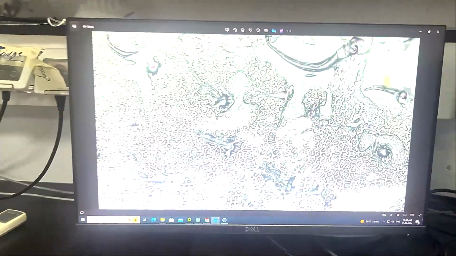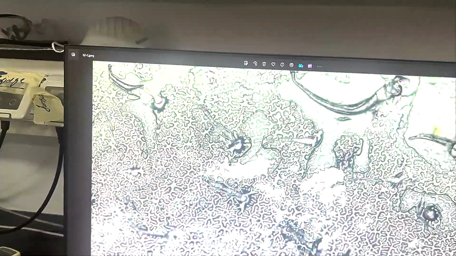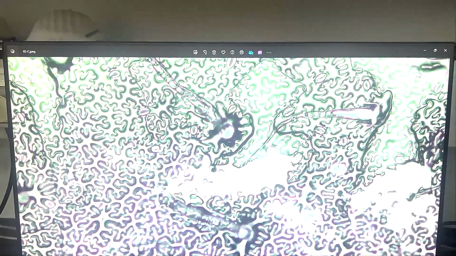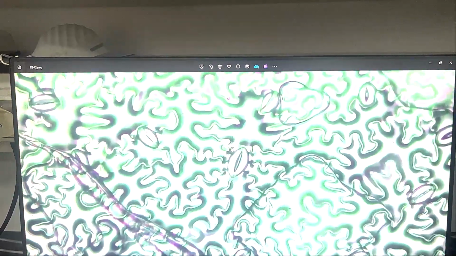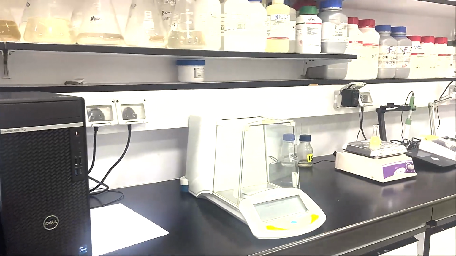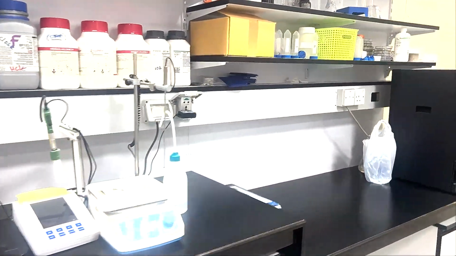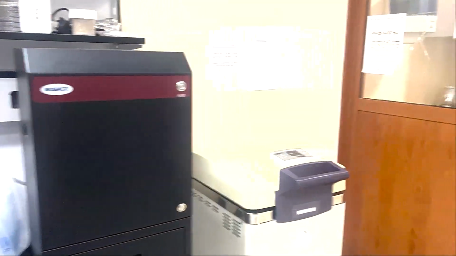We use this microscope in our different experiments, mostly in plant microbe interaction related experiments, whenever we have to find some bacteria or fungi inside the plant. We can also analyze the stomata and anatomy of different plant parts using this microscope. You can see here the pH meter, conductivity meter, and also the gel documentation machine.